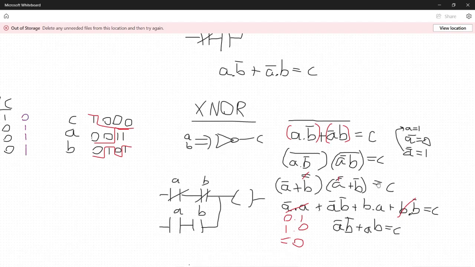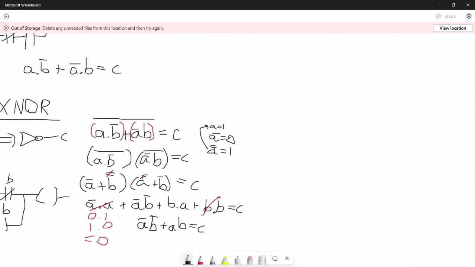And now, if we want to also practice with our formula, we can say A, B, C. And practicing with our formula, we're going to get 0, 0, 0, 1, 1, 0, 1, 1.